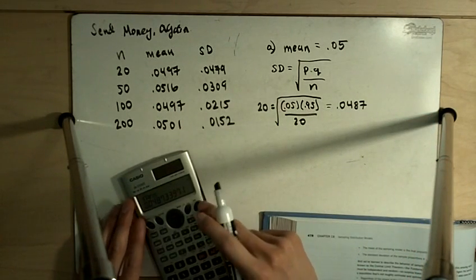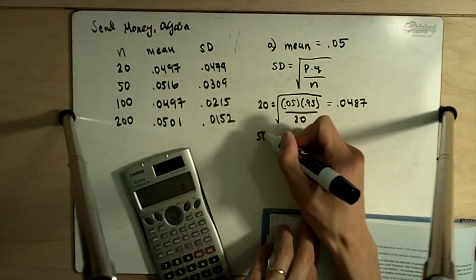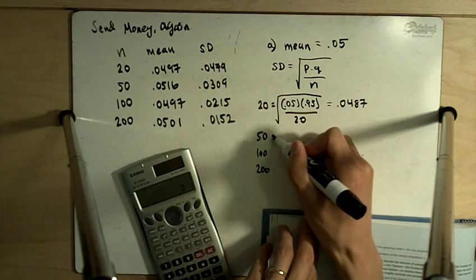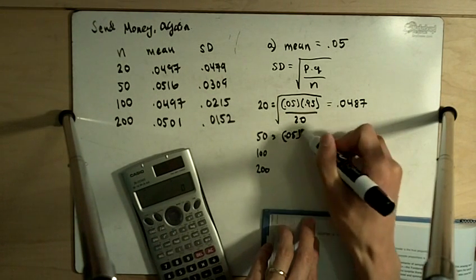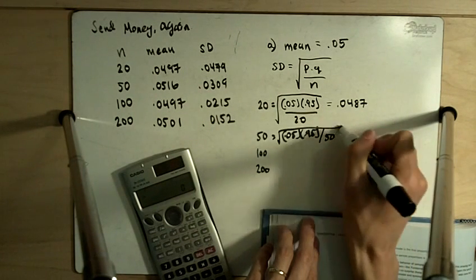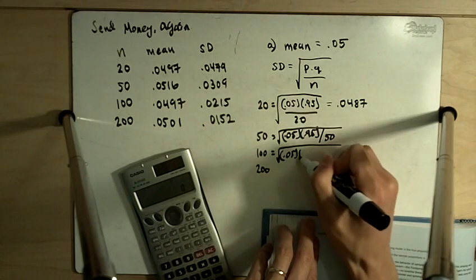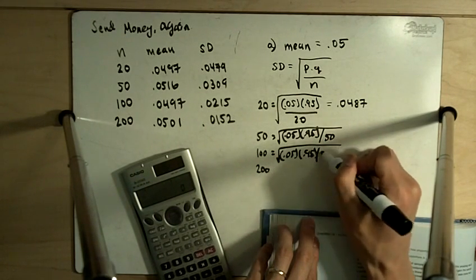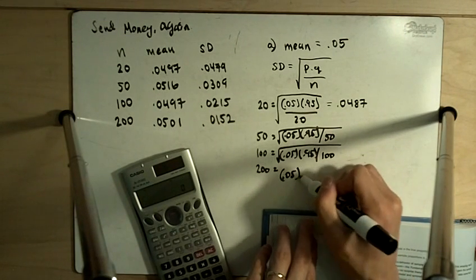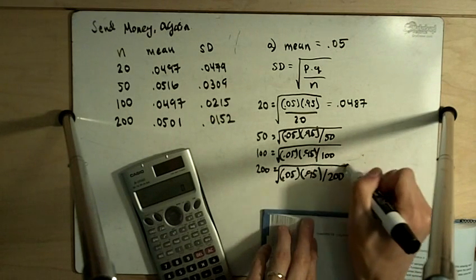Okay, and then likewise we can calculate it for 50 and 100 and 200. 0.05 times 0.95 divided by 50 square root, 0.05 times 0.95 over 100, and then 0.05 times 0.95 divided by 200 quantity square roots.